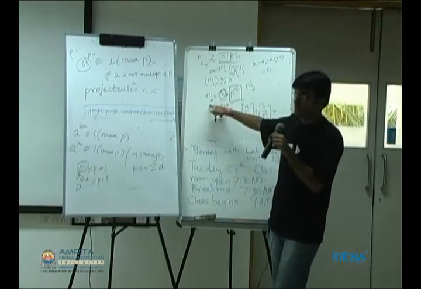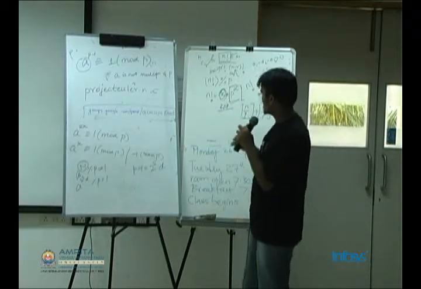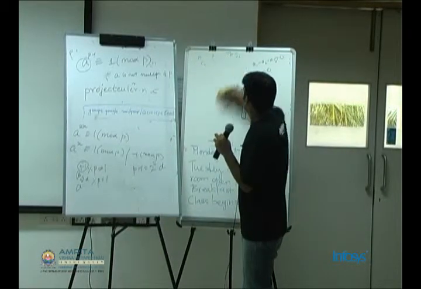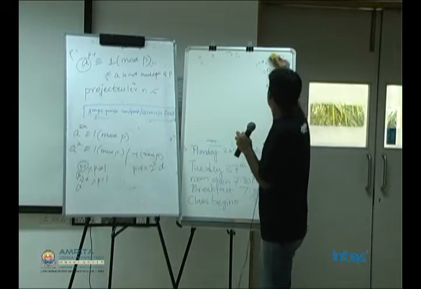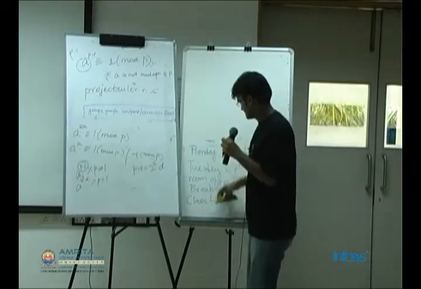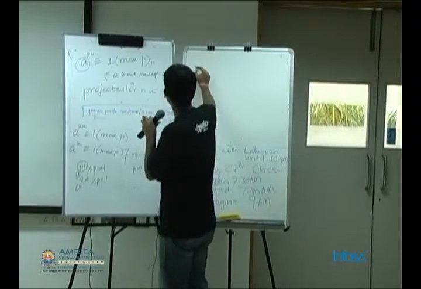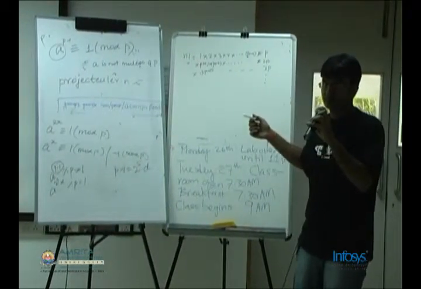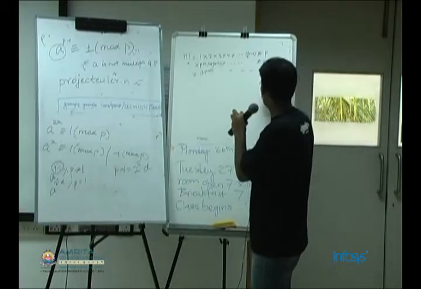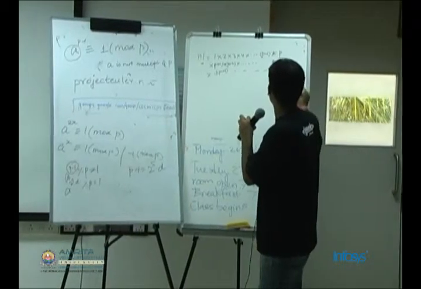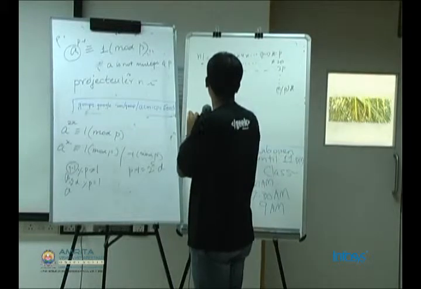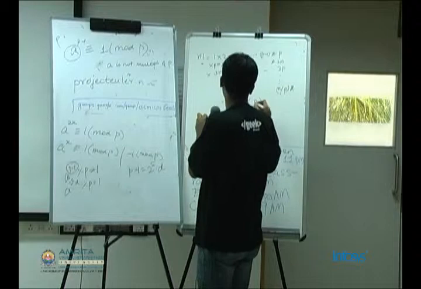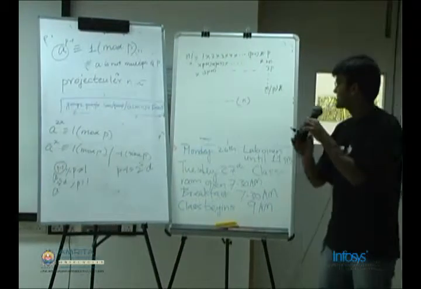If n factorial was written like this, it would look something like this, and so on. And here we'll have something like n by p into p, till n.